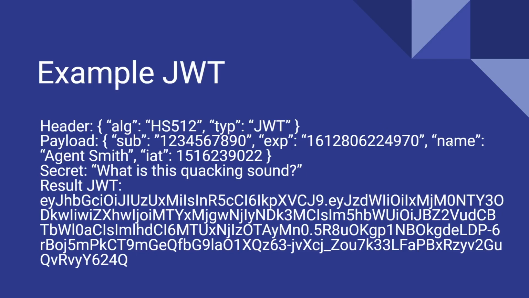And you enter, for example, a name, which is Agent Smith, and something else. And the secret, for example, I've just imagined this. And the resulting JSON Web Token would be something like this.